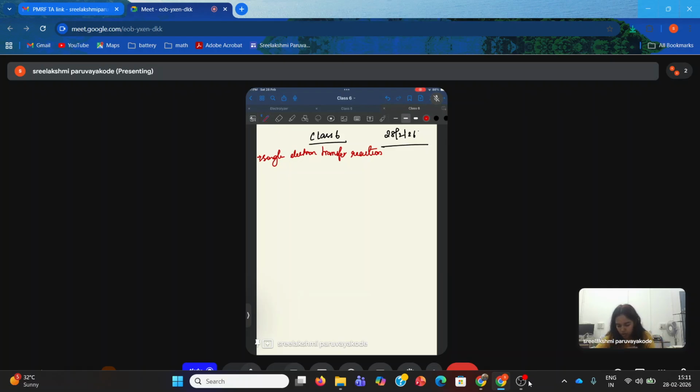Here we're mostly looking first at the single electron transfer reaction and then the two-step reaction. So the first one is the single electron transfer reaction. This is the syllabus for assignment number 5.